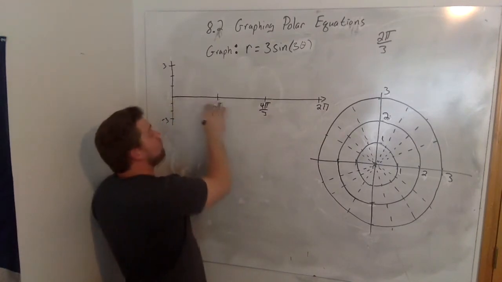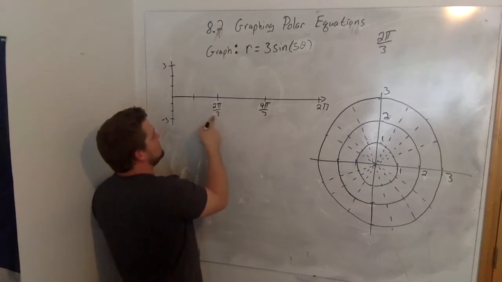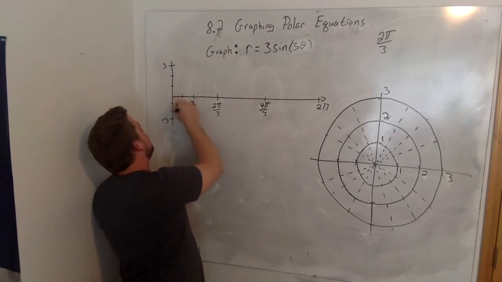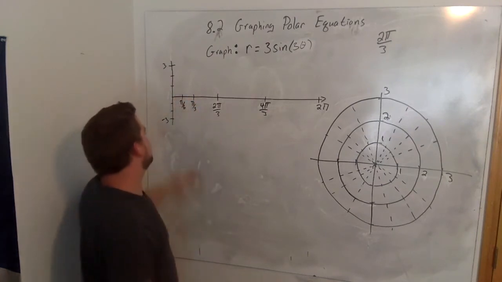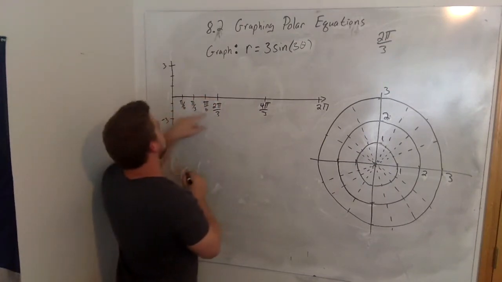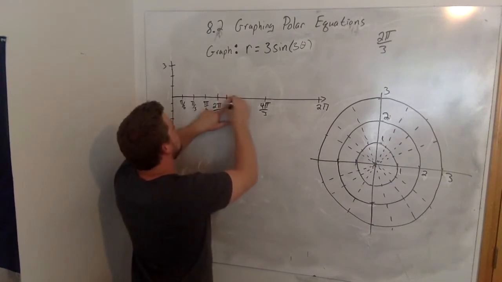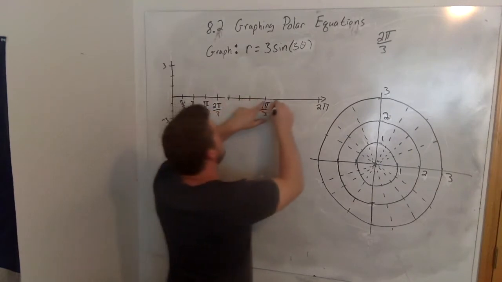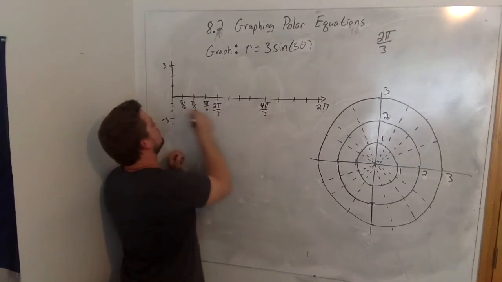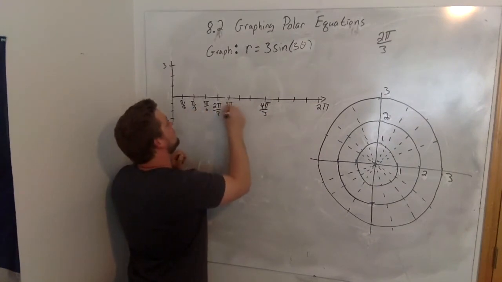Okay, so I need to mark 4 spots in each of these. So if I cut this in half, I'll be at pi over 3. Cut that in half again, here we are at pi over 6. So we'll just count. 1, 2, this will be 3 pi's over 6, 4, 5 pi over 6.